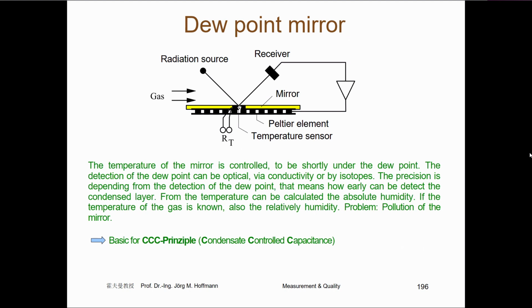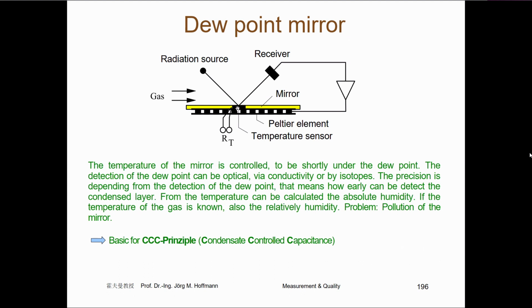When you would like to measure this point much more precisely, so that you recognize it much earlier than with a light source, you can also use X-ray or nuclear ray.